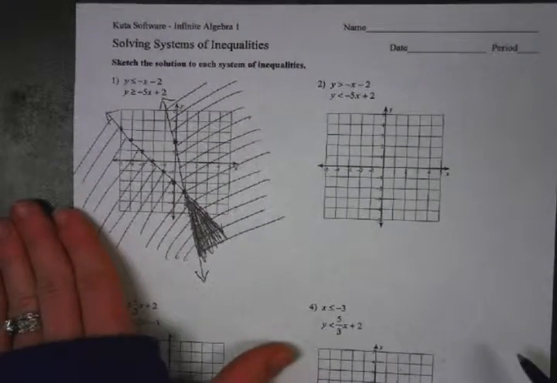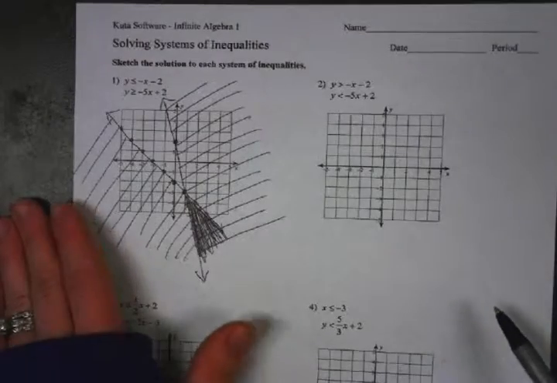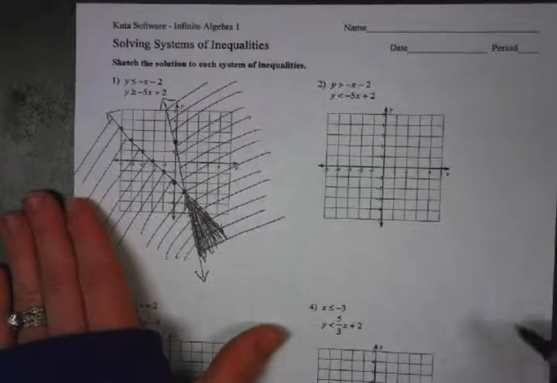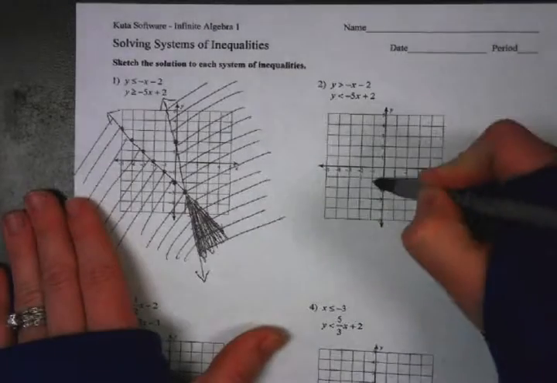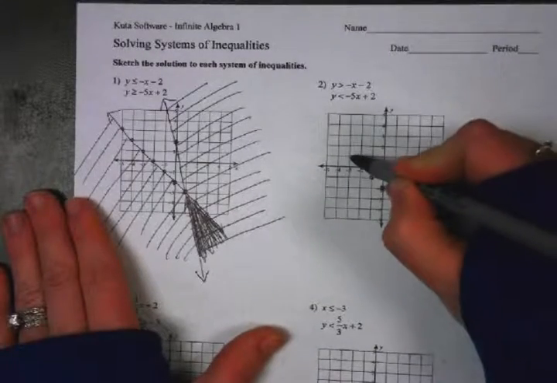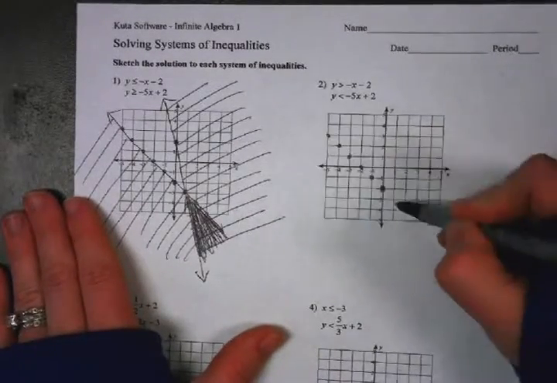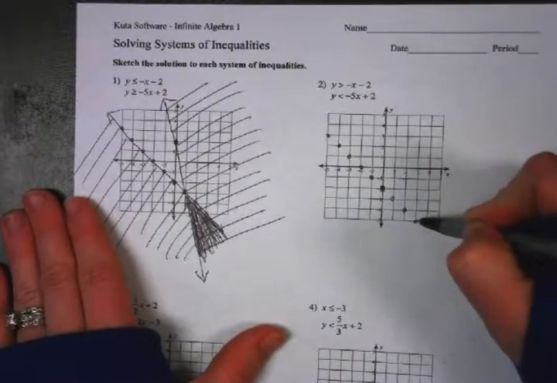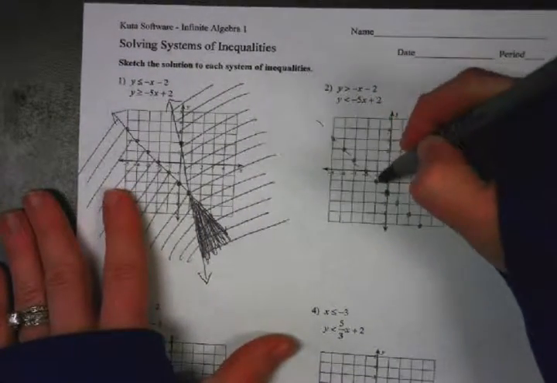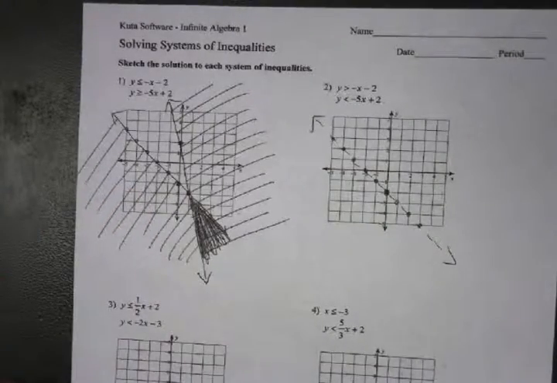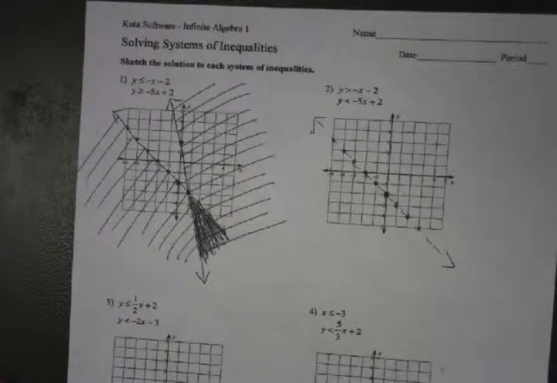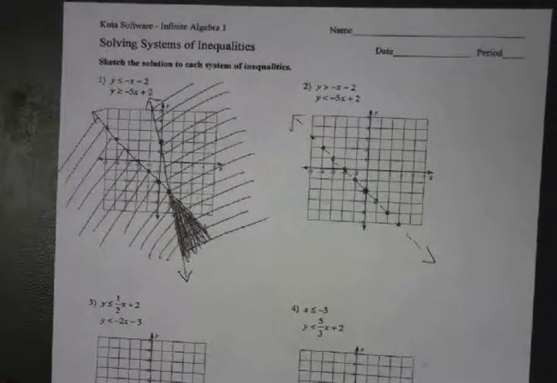So, are my lines gonna be solid or dashed in number 2? Dashed. Okay. So starting at -2, and we have that same slope. Did I do that wrong?